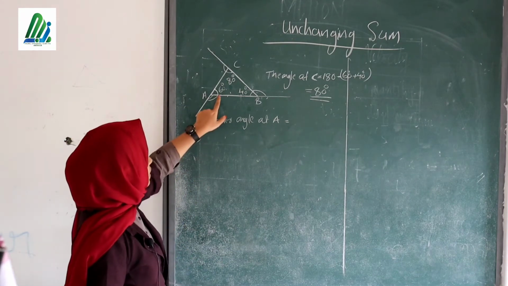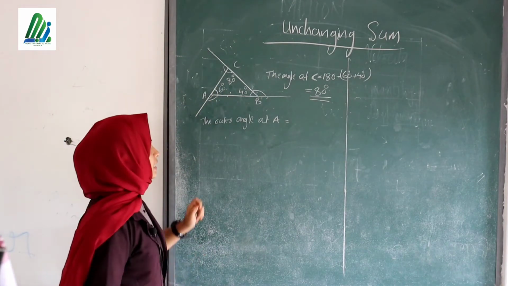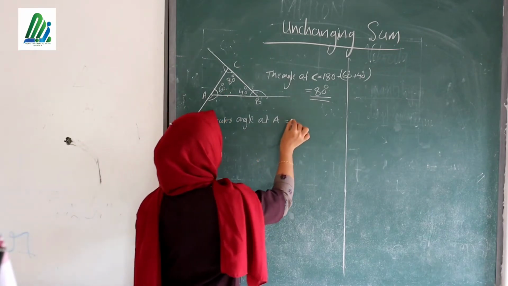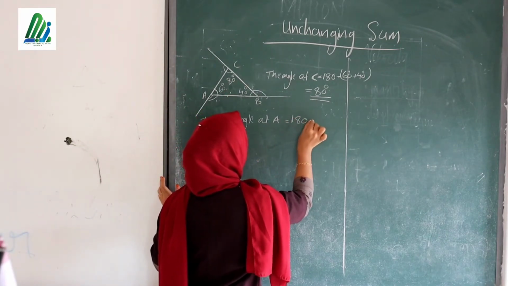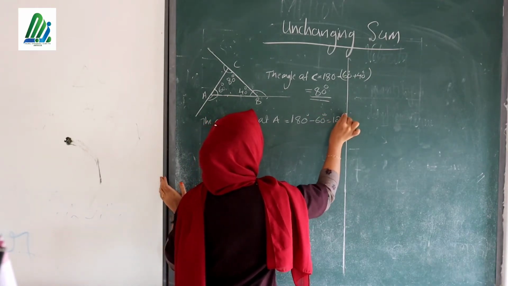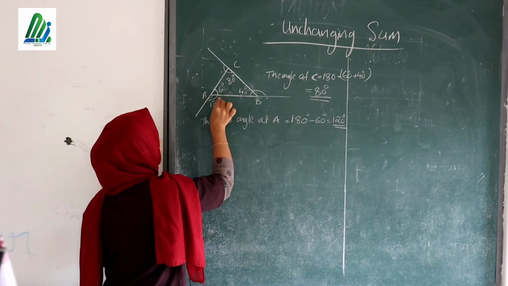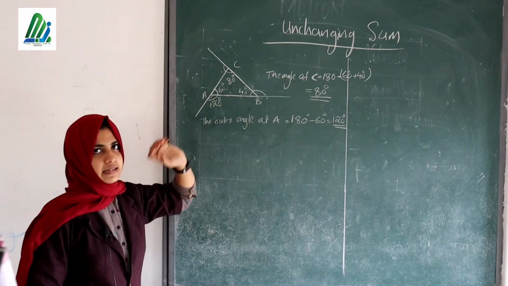Here the inner angle at A is 60. Now what is the outer angle at A? 180 minus 60, we get 120 degrees, because it makes a linear pair.